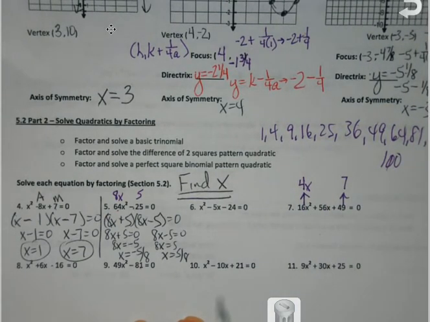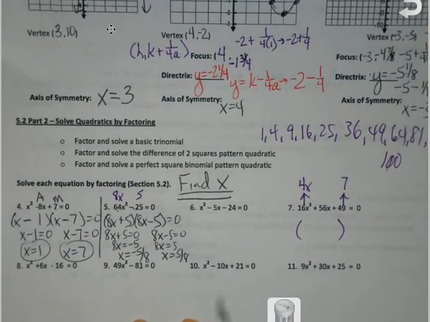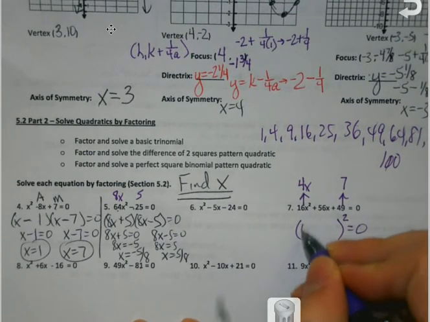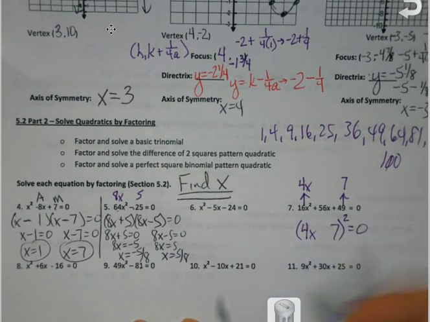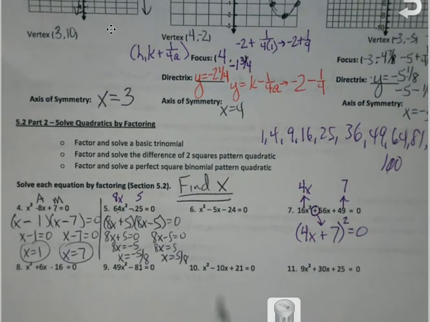But this is different than the difference of squares, because here's how this one works. This is slick. This is like when we're completing the square, actually. I put the 4x first, I put the 7 second, and whatever sign's in the middle tells me what to put in the middle. I don't want to slide and divide that. That's a huge number. That would take forever.